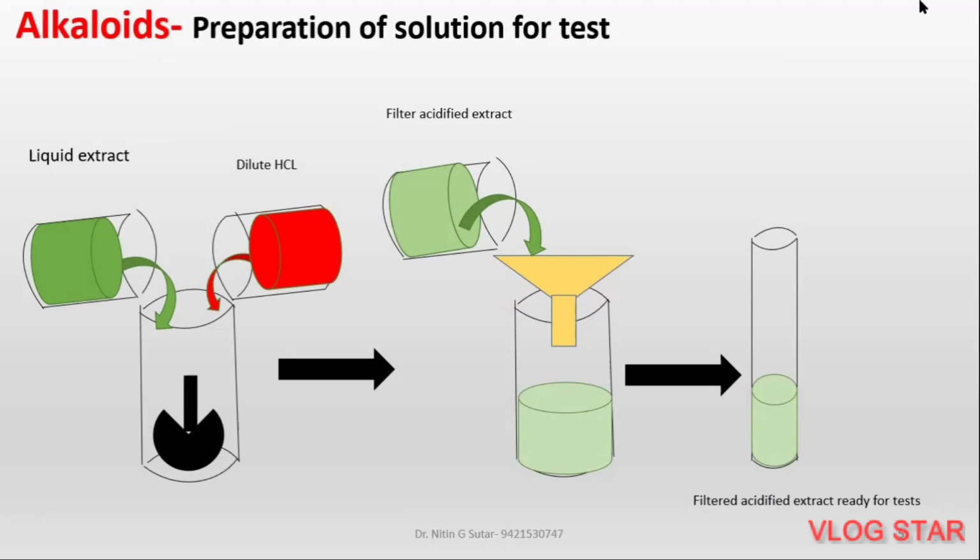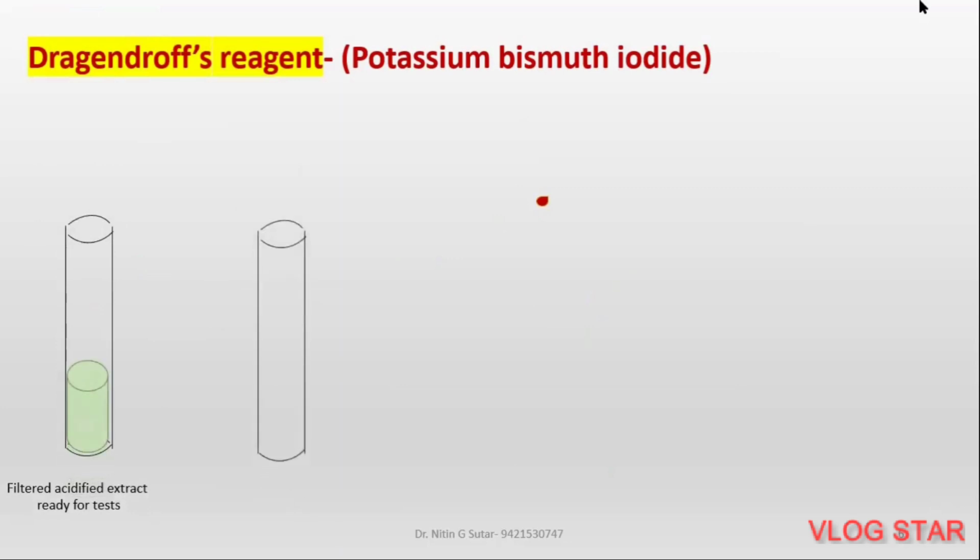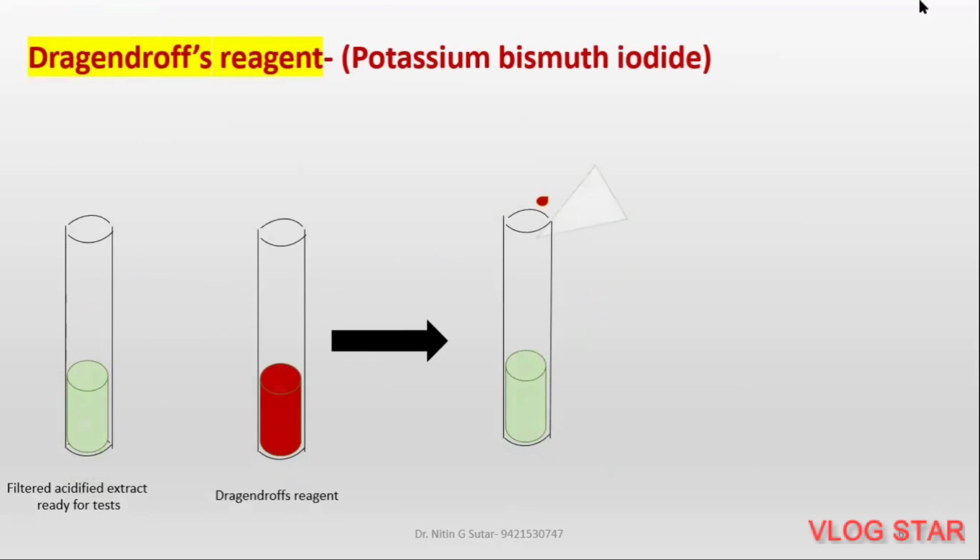The first test we perform is the Dragendorff's test, where the principal active reagent is bismuth potassium iodide. In this case, first you have to take your filtrate or stock solution, the acidified extract. Then to that you are going to add Dragendorff's reagent by utilizing a pipette.